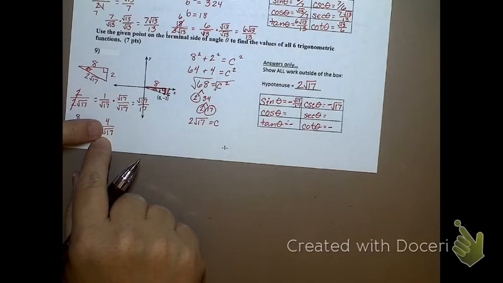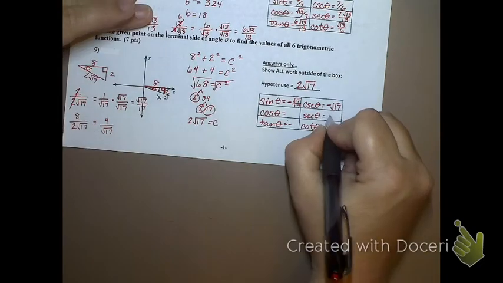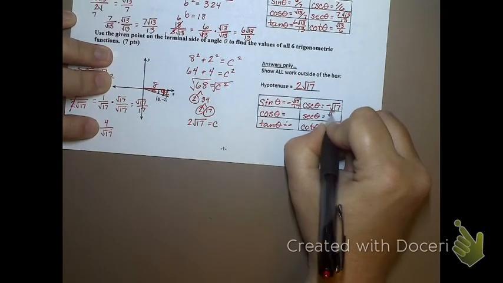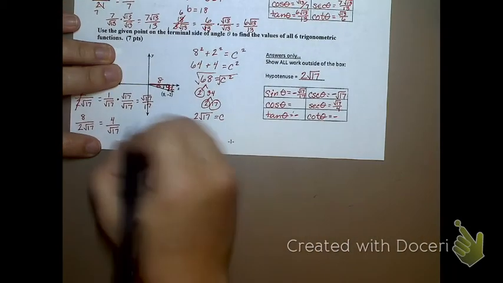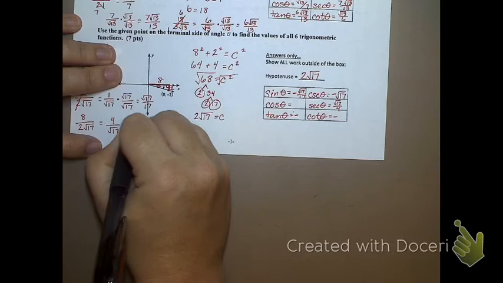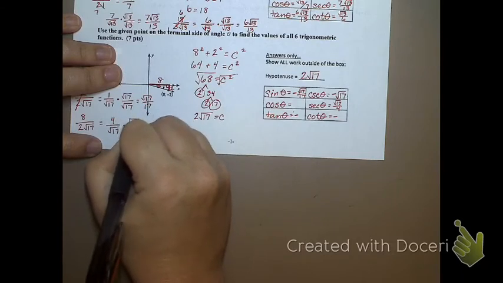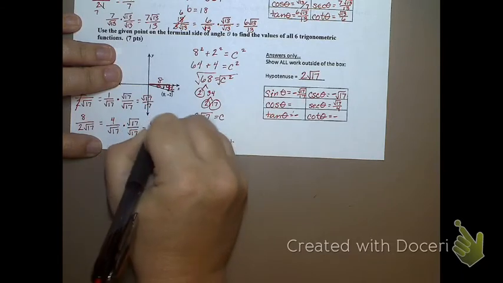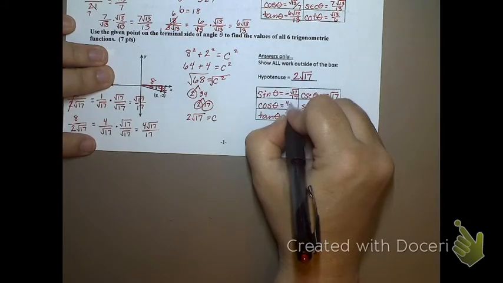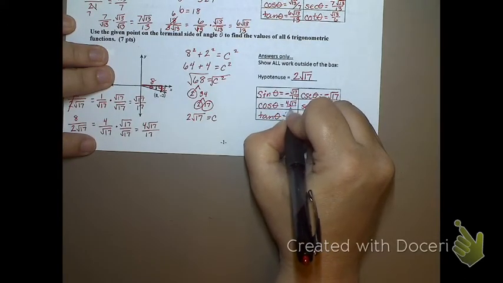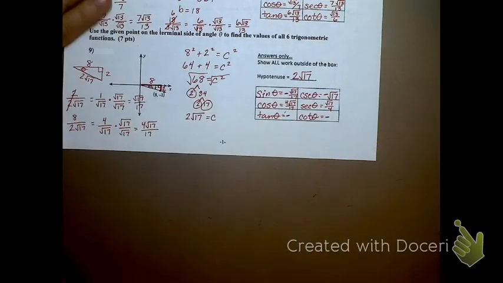What's the reciprocal going to be? Rad 17 over 4. And now I'll simplify it to find the cosine. Multiply by rad 17 over rad 17. That gives me 4 rad 17 over 17. And both of those values were positive because that's what's positive in quadrant 4.